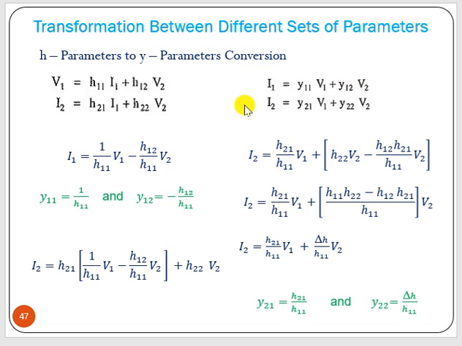Now what we can do is write I1 in terms of V1 and V2. So we can write directly from the first equation, I1 equals what?